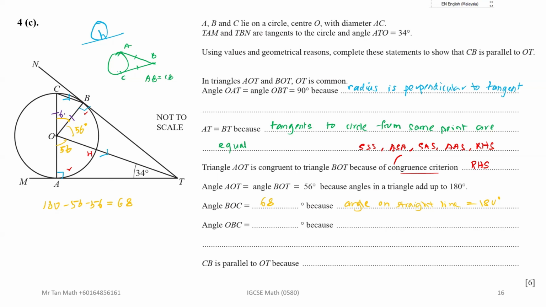This is 68. Therefore OBC is 56. Why 56? Because it's an isosceles triangle.